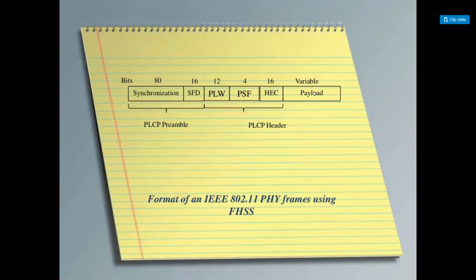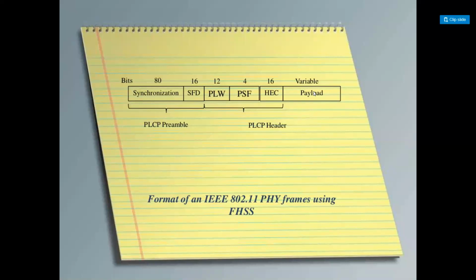This synchronization field has three main purposes. First, it contains the synchronization signal, which indicates that a frame is imminent.